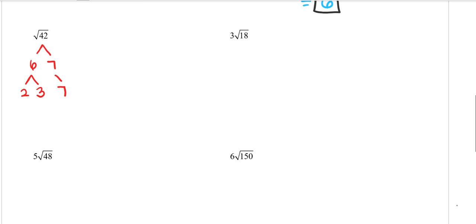So we can rewrite the square root of 42 as the square root of 2 times 3 times 7. Well, it takes a group of 2 of the same factor to make a perfect square, and I don't see any groups of 2 of the same, so there are no perfect square factors.